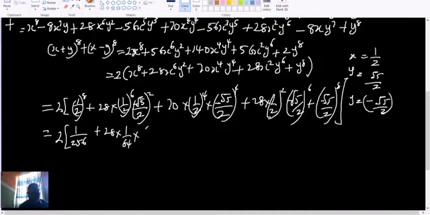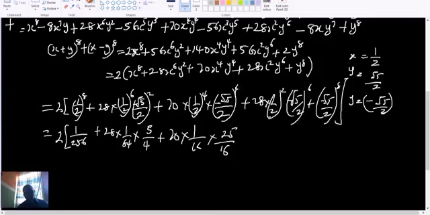So square root of 5 squared is going to give you 5 over 4, plus 70 times 1 over 16 times, here is going to give you 25 over 16. 2 raised to power 4 is 16. Root 5, if you expand this one, root 5 times root 5 times root 5 times root 5, it's going to give you 25.